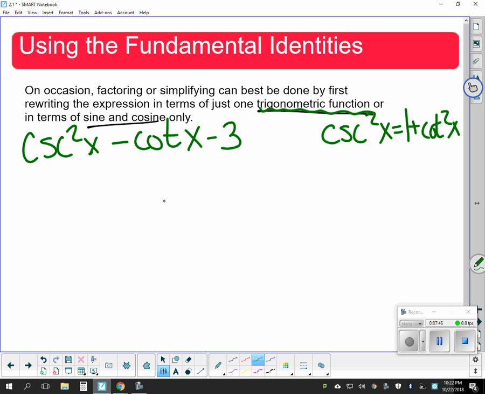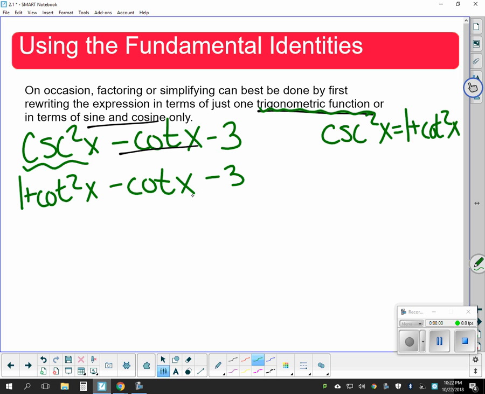Okay, so I'm going to substitute. This becomes 1 plus cotangent squared of x, and that is really helpful because now I only have one trig function going on here.